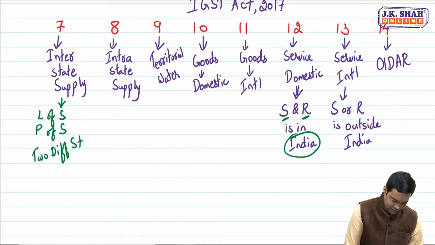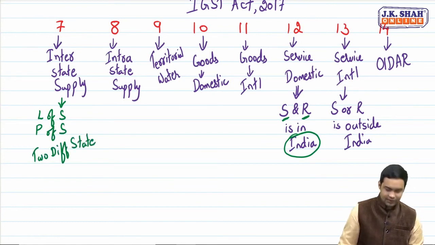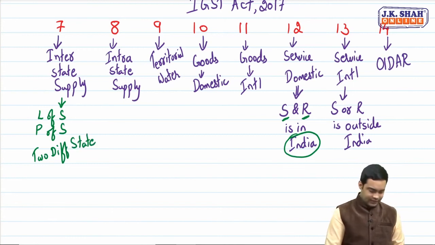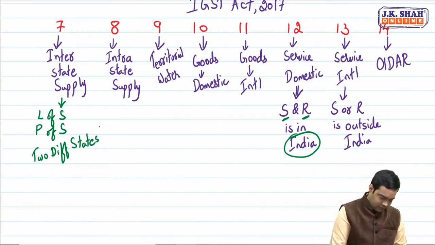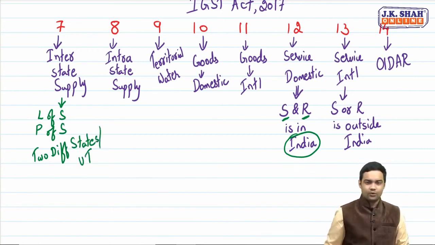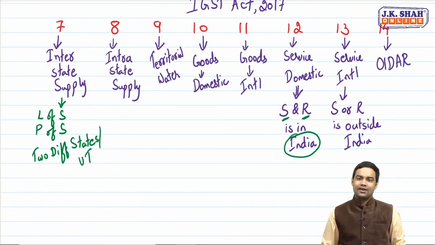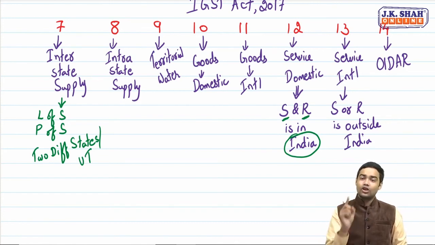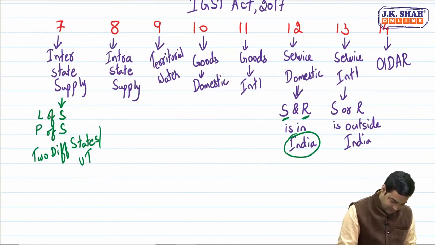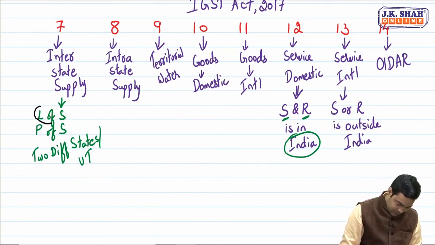When the location of the supplier and place of supply is in two different states, two different union territories, then it would be regarded as an interstate supply. Karnataka, Maharashtra. What two things do we consider? Very important. Location of supplier, place of supply.